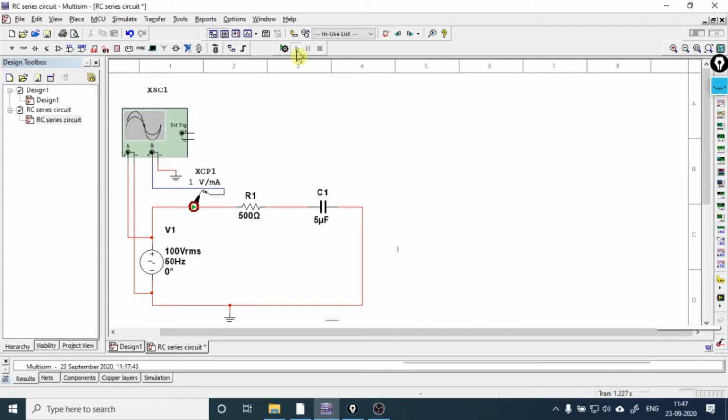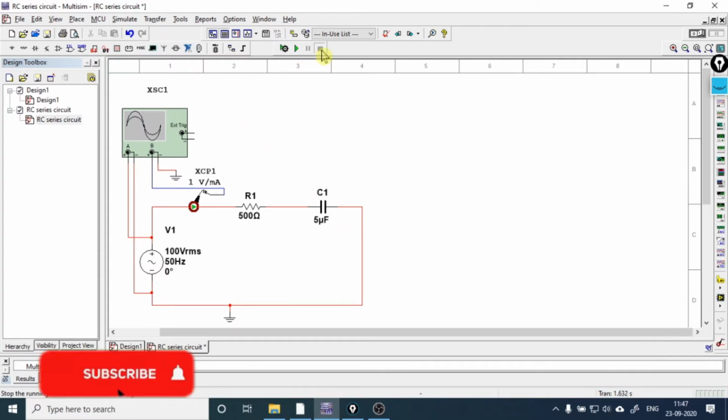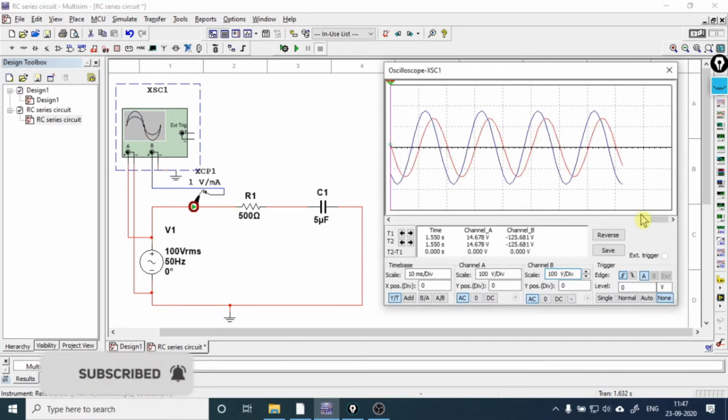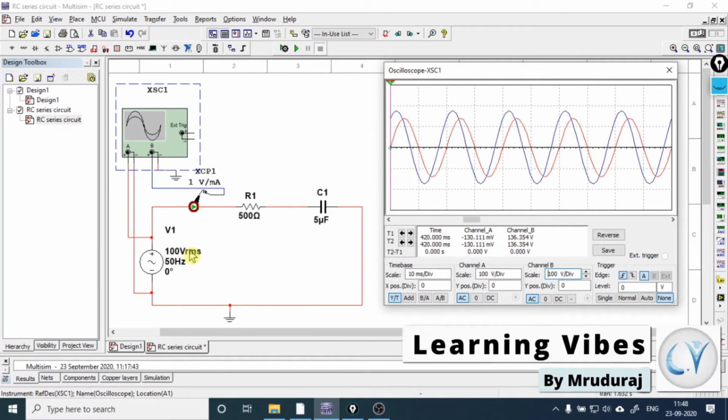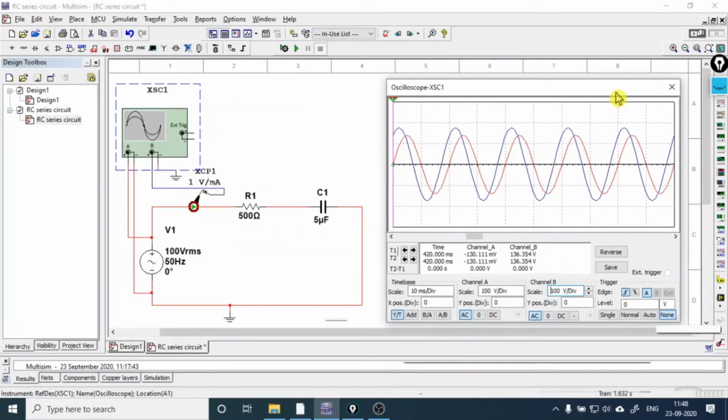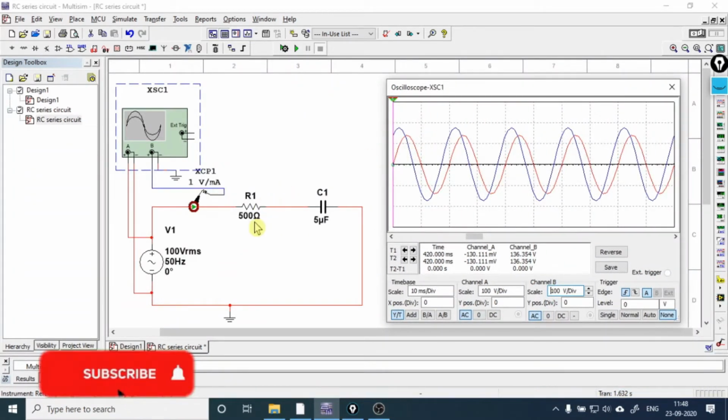First we'll run this simulation, stop it and observe the waveform. The red waveform shows the supply voltage and the blue waveform represents the current flowing through this circuit, right? As you are all aware, when the circuit is purely resistive, the voltage and current are in phase.